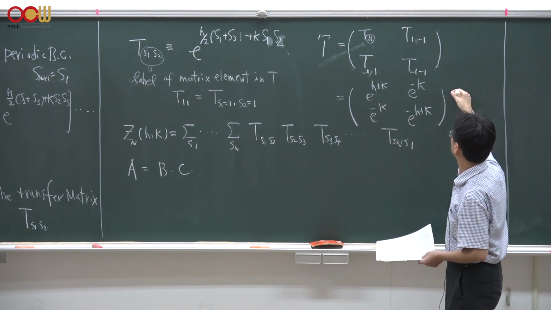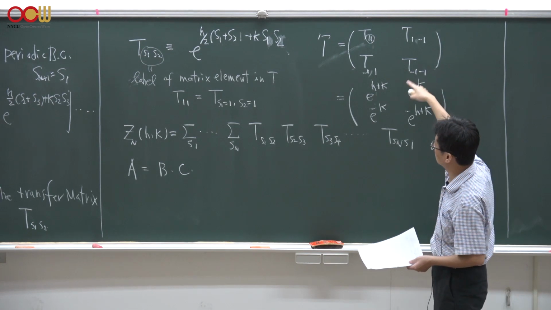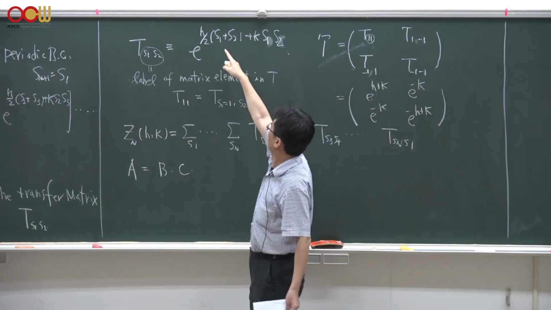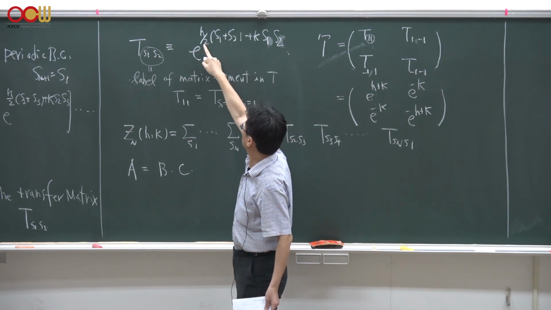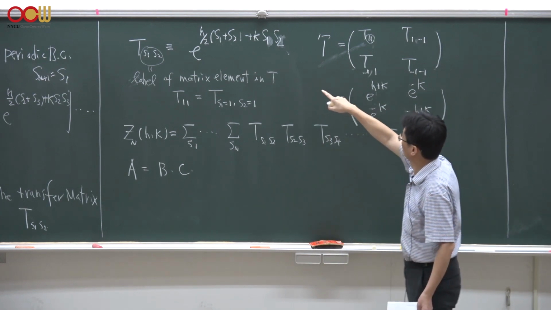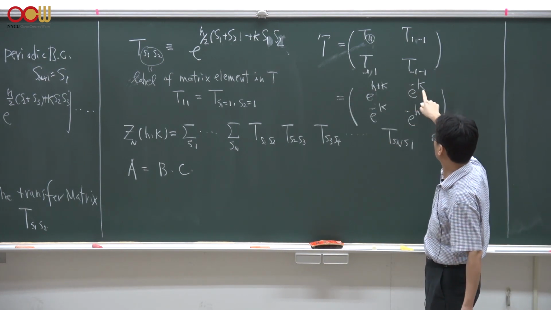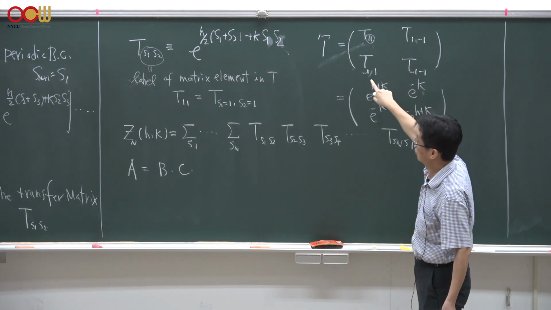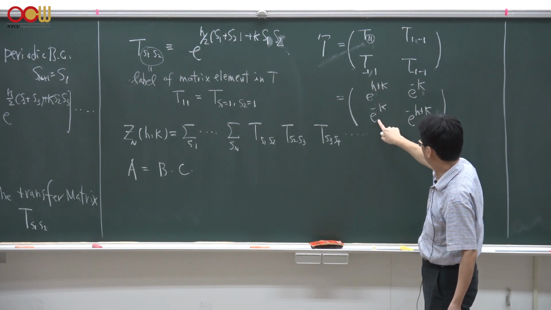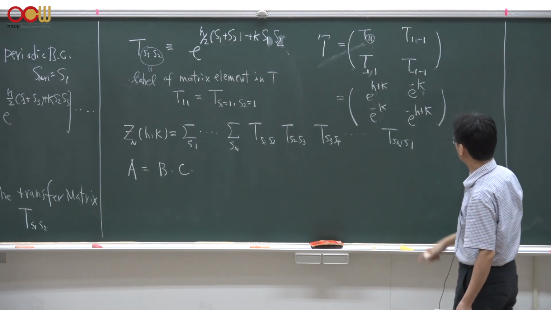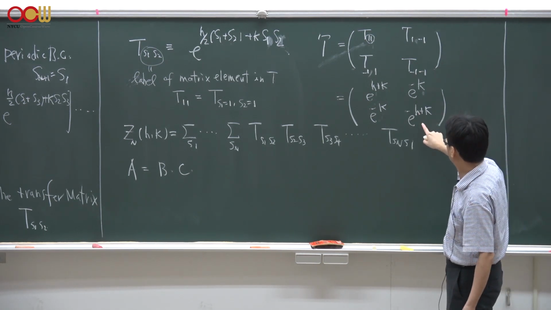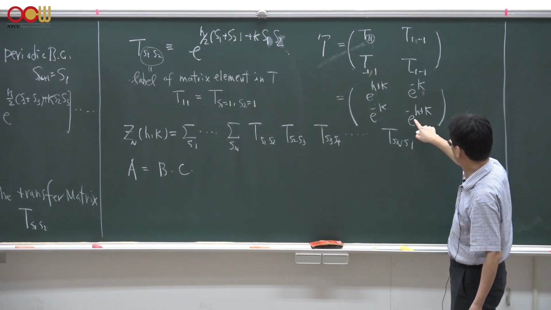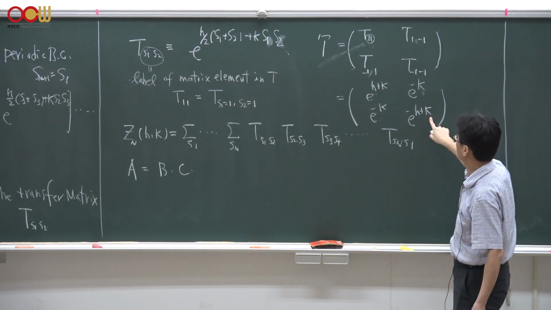For T_{1,-1}, you get cancellation between S1 and S2 in the Zeeman term, so you get 0 there, but you get minus k in the second term. Likewise, T_{-1,1} takes e to the minus k as the matrix element, and the minus 1, minus 1 matrix element takes the value e to the minus h plus k.